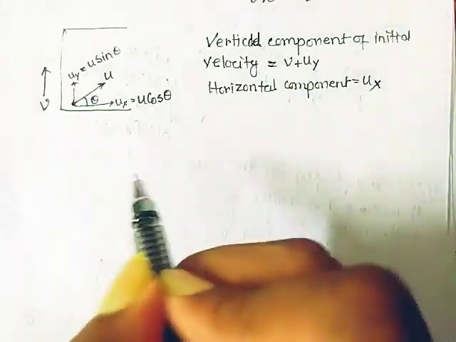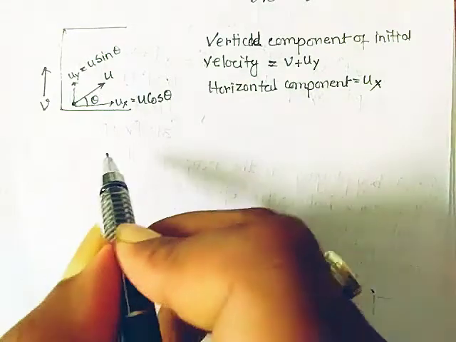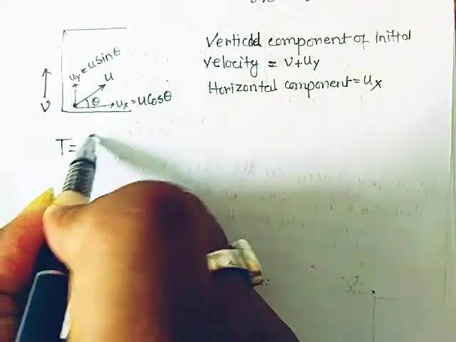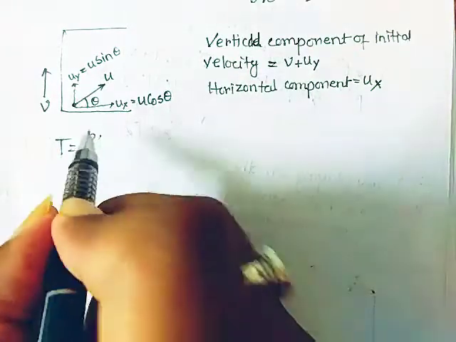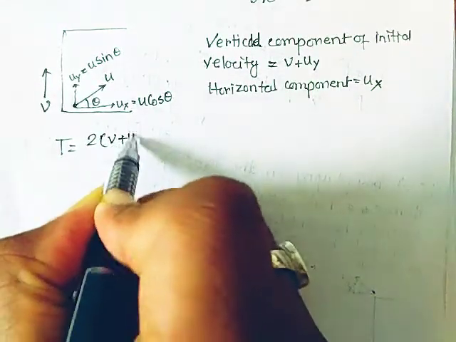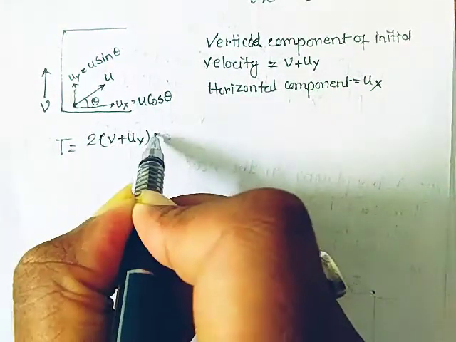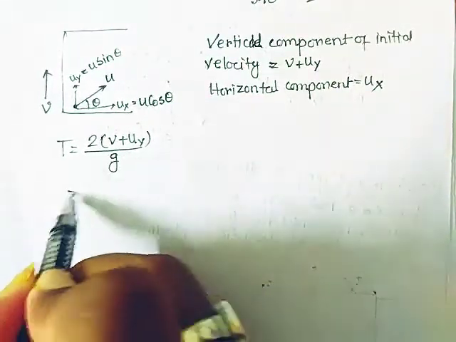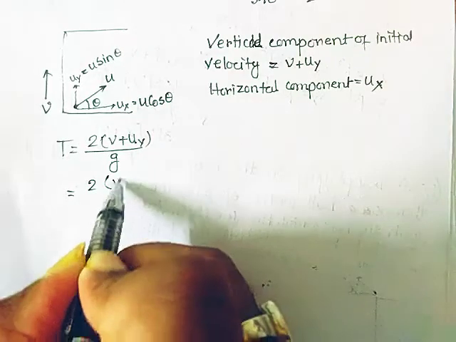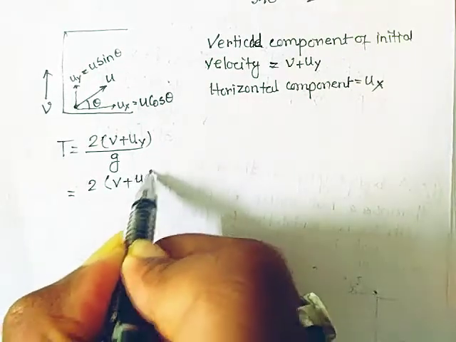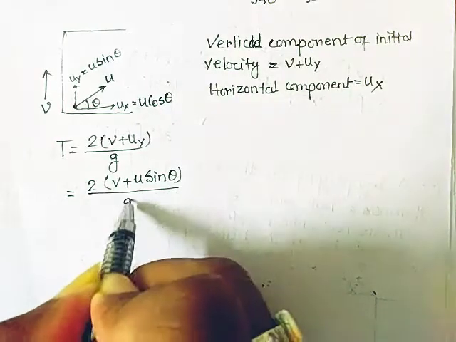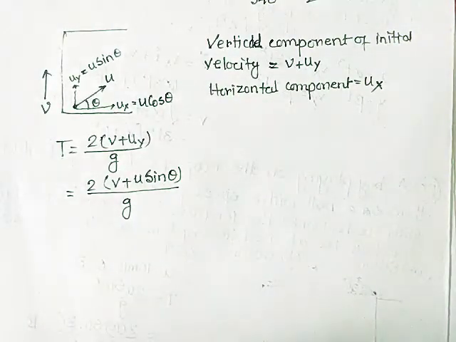So whatever term depends on the vertical will obviously change. Then capital T equals 2 into (v plus uy) divided by g, so it will be 2 into (v plus u sin theta) divided by g.